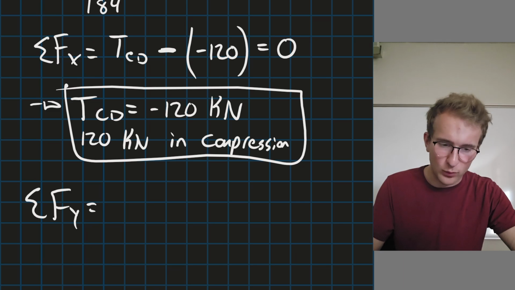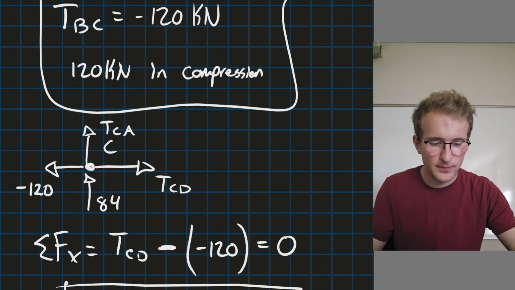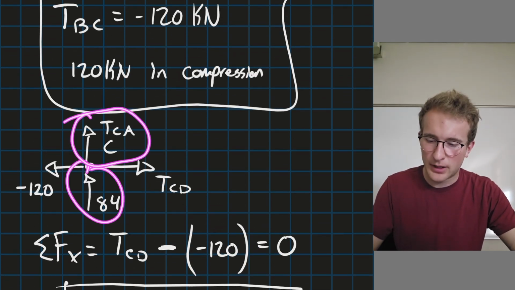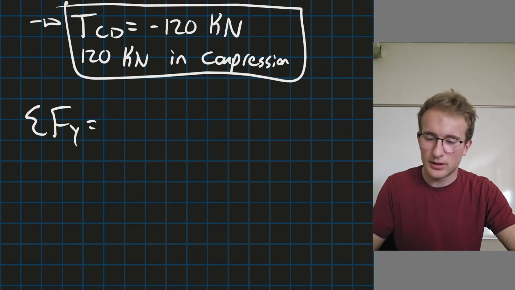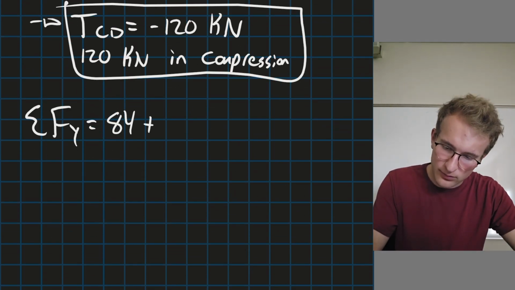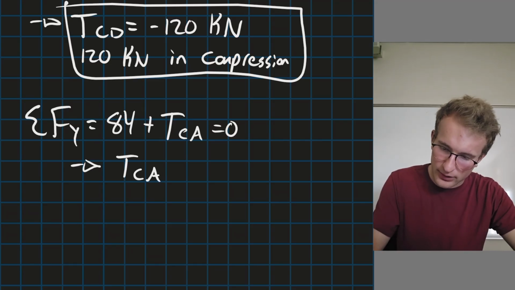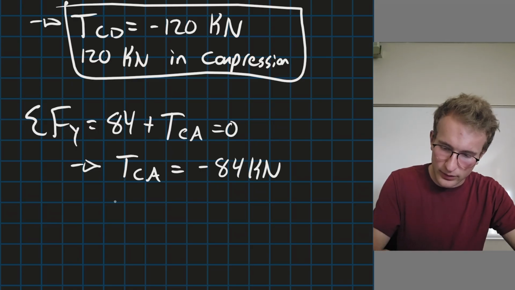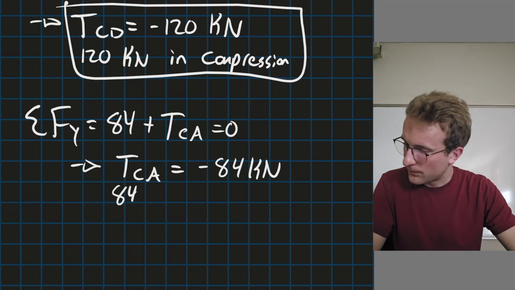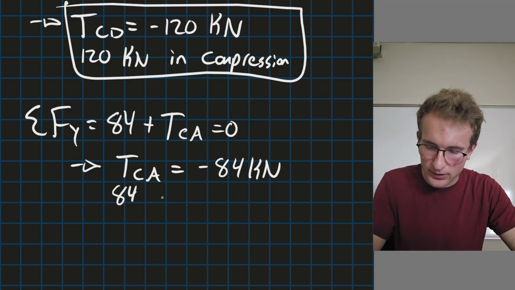I can do some of the forces in the y direction here. I have a positive 84, and then a positive T sub CA. So I get tension in member CA is just negative 84 kilonewtons, or just 84 kilonewtons in compression.